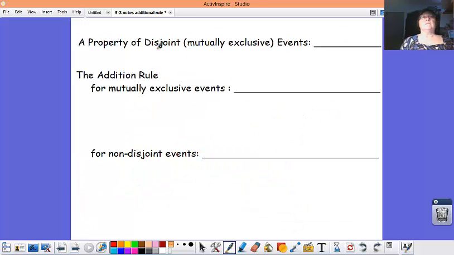A property of disjoint or mutually exclusive events is that no person can be both. So the probability that you get both A and B is equal to 0. It cannot happen.